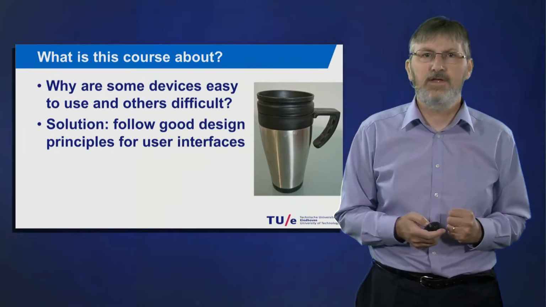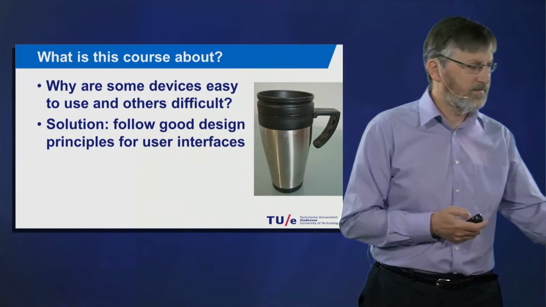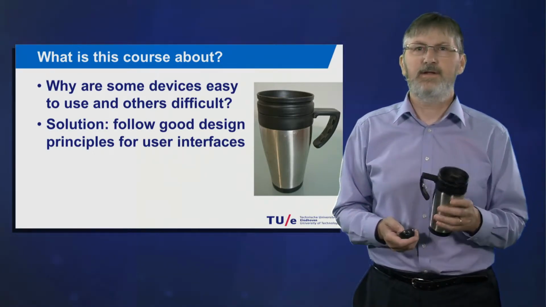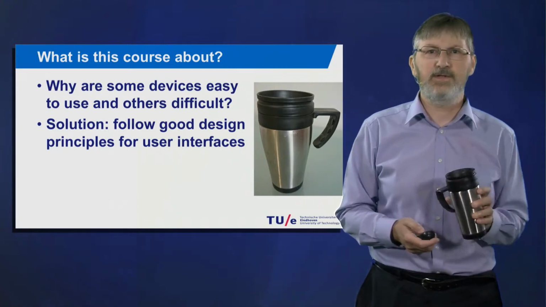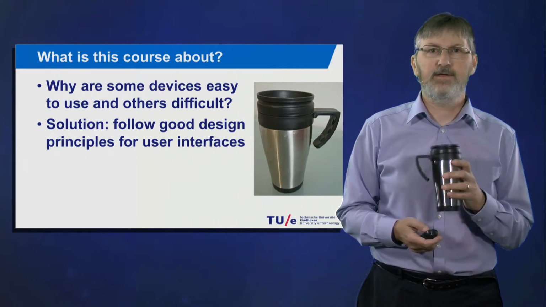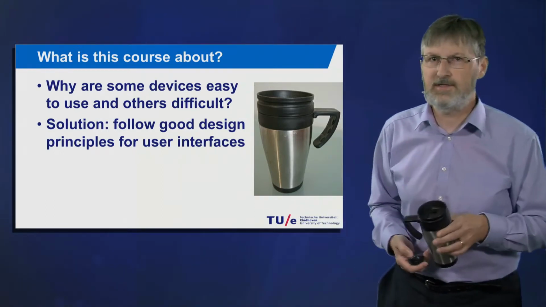I will illustrate the issue by a simple thermo mug. I've tried to use this mug many times, and I will first start by showing you what it looks like when I try to drink from this mug. I will turn around so you can see it quite nicely.